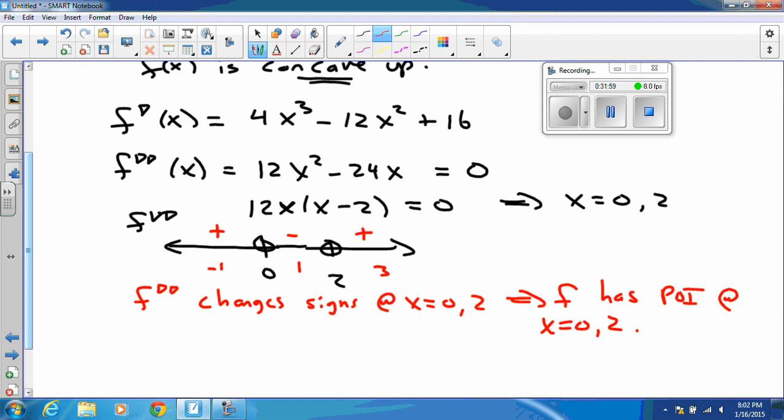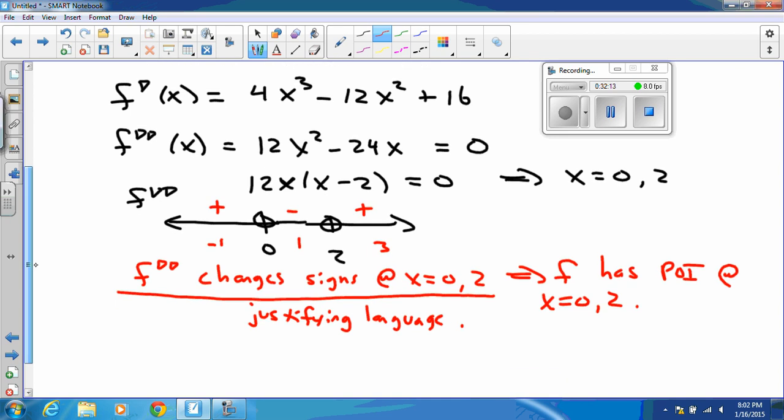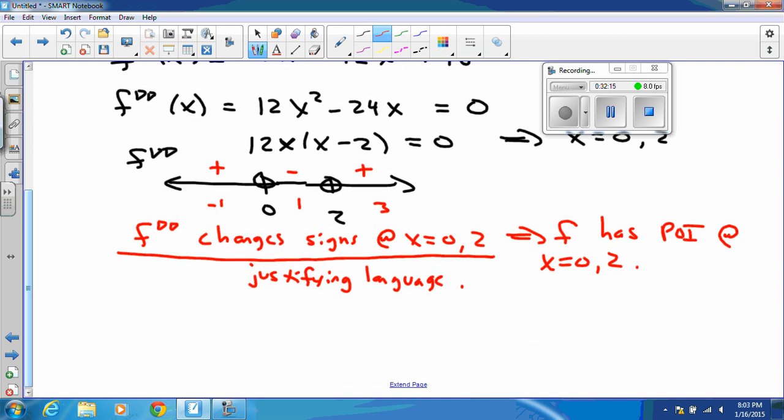Based on this, I can see that f double prime changes signs at x equals 0 and x equals 2, which means that f has points of inflection at x equals 0 and x equals 2. And the justifying language is right here.